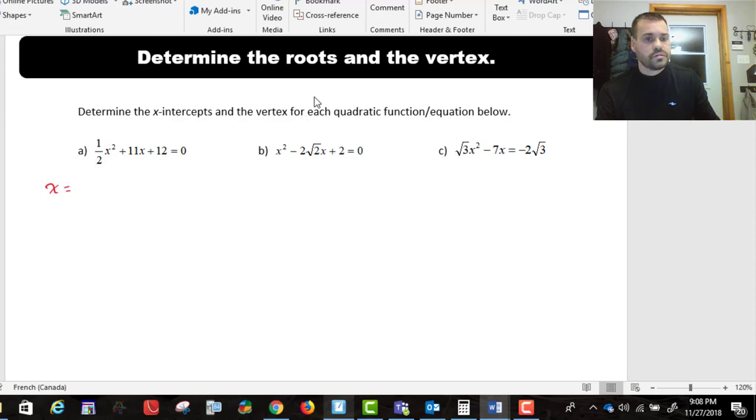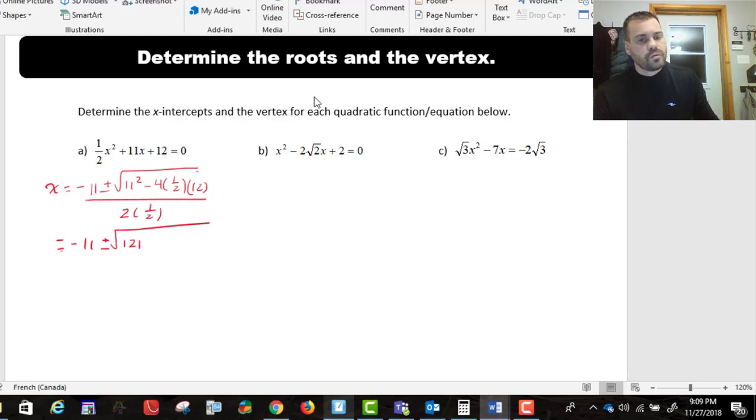So b is 11, so it's minus 11 plus or minus the square root of b squared, so 11 squared, minus 4 times a, which is a half, times c, which is 12, and we're going to divide that all by 2 times a half. Okay, so we get minus 11 plus or minus the square root of 11 squared is 121.